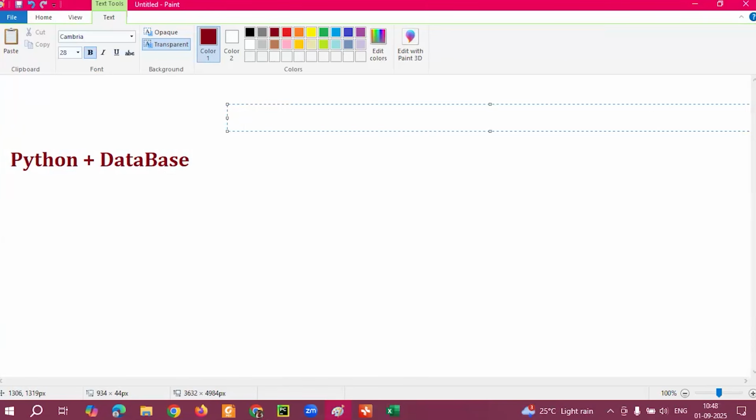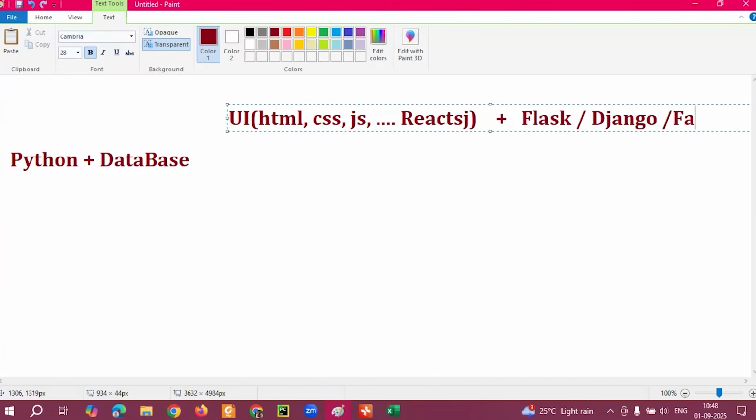For full stack developer, UI technology, you have to learn HTML, CSS, JavaScript, React JS. Plus, on the server side, one framework: Flask or Django or FastAPI. These things you need to learn, guys.